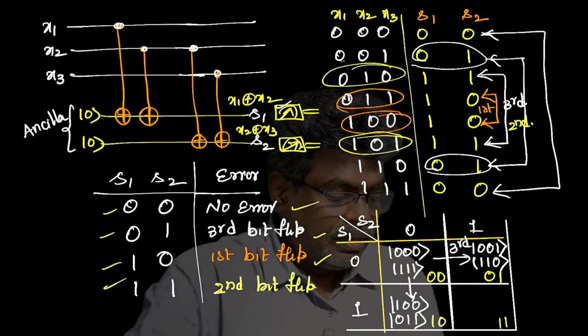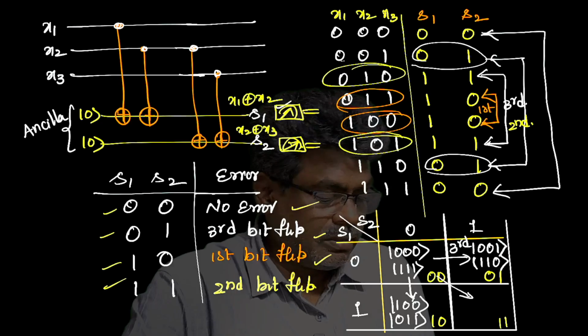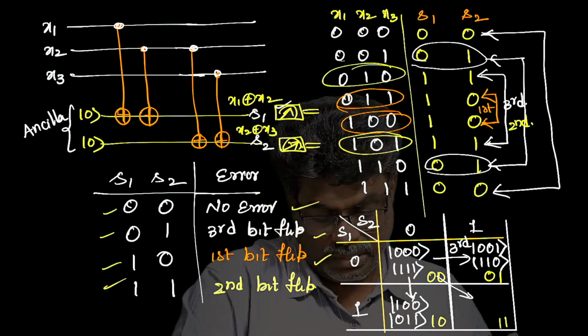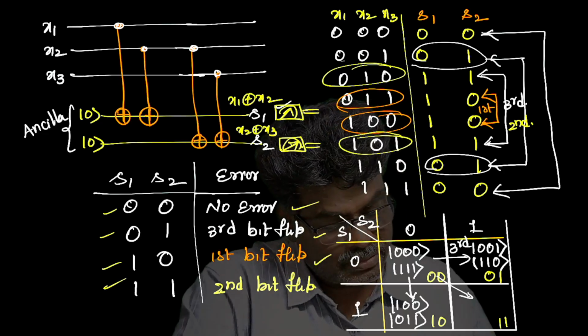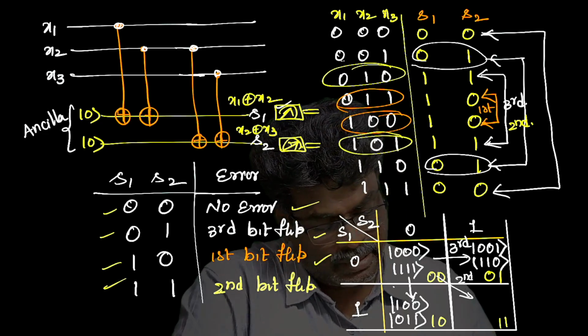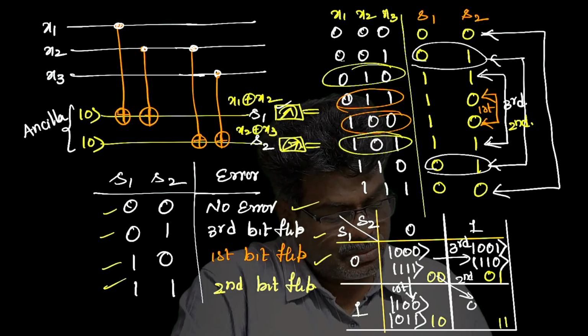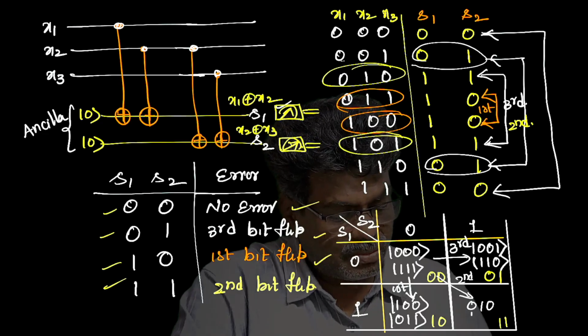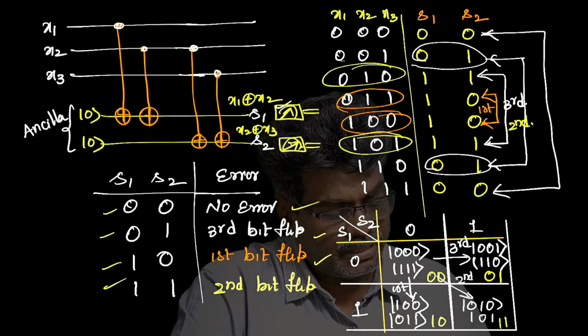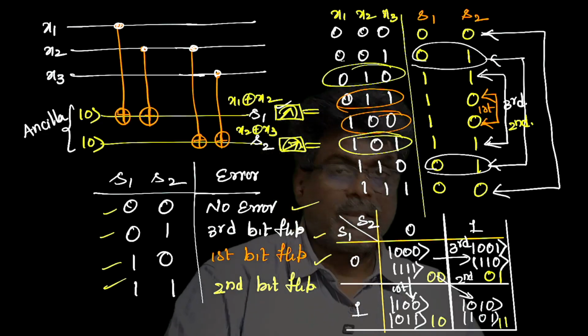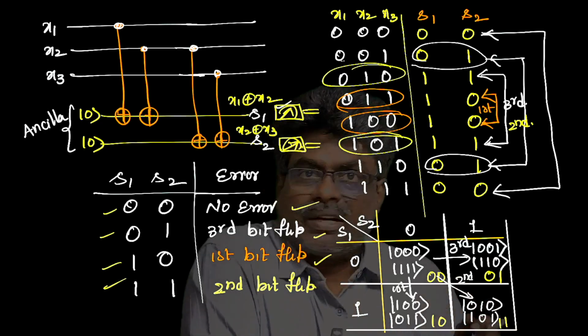Okay, and here this 1 1 represents the second bit flip. Okay, second, and here it is the first. So that's why here the state is 0 1 0 or 1 0 1 like this. Okay, in this way also we can represent.